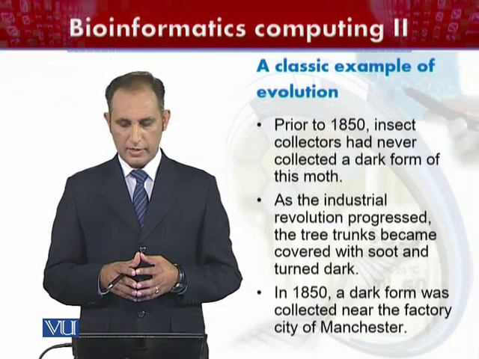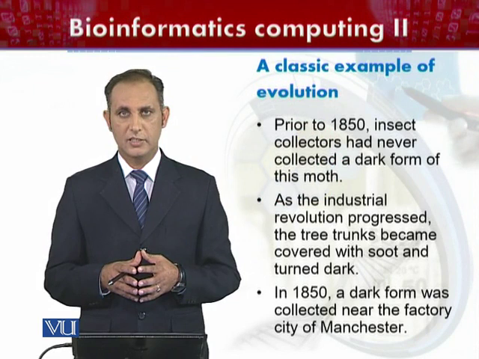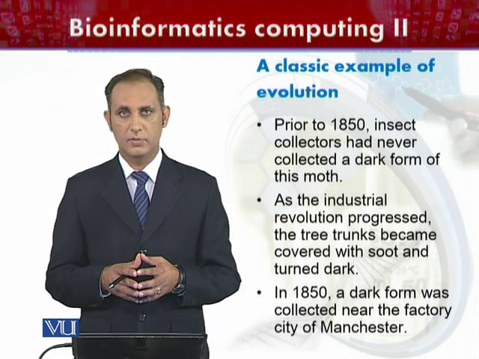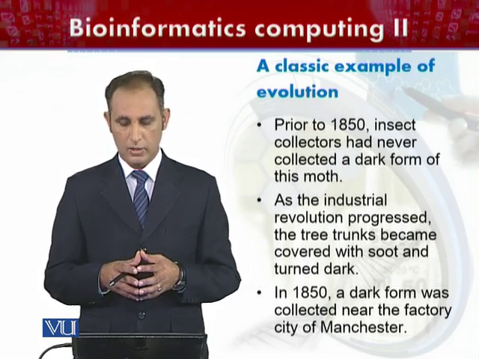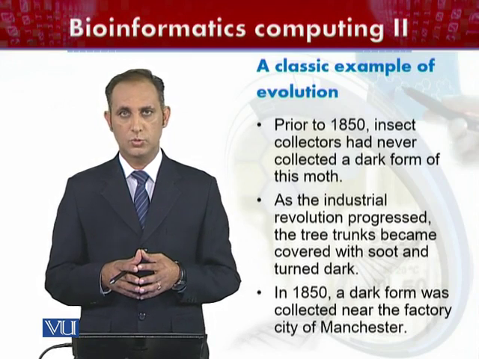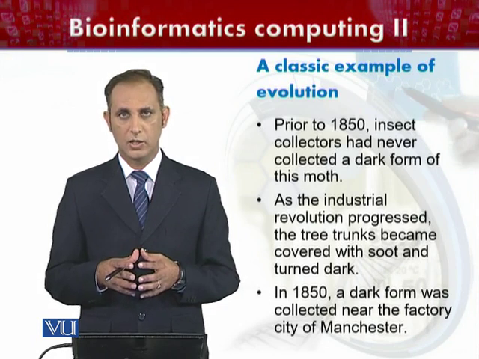Before 1850, insect collectors never collected any darkish colored peppered moth from that industrial area in Manchester city. As the industrial revolution progressed, the tree trunks were covered with soot, and so they became darker in color.